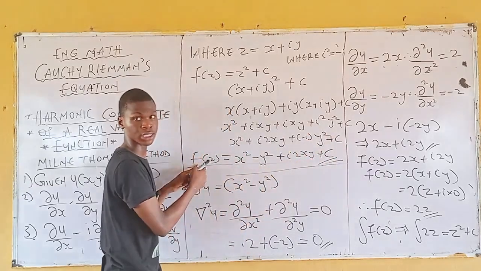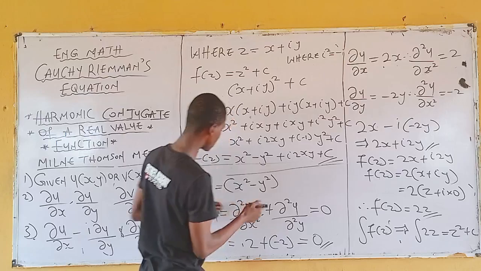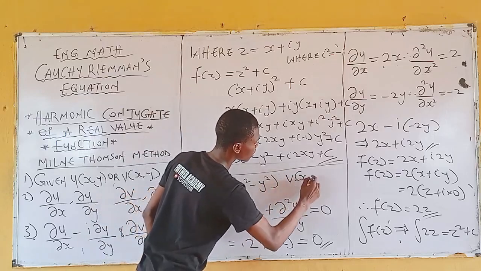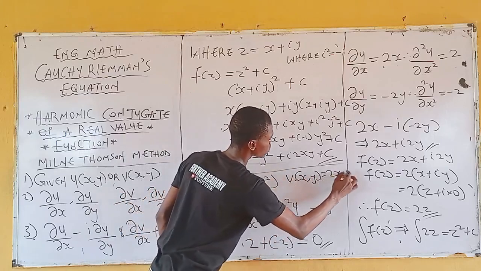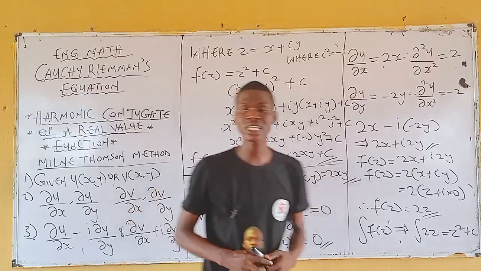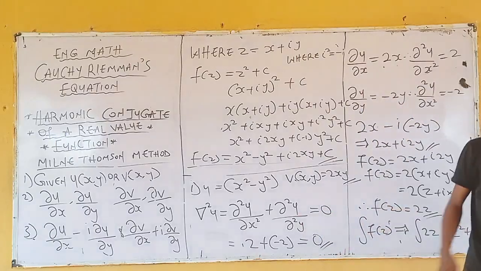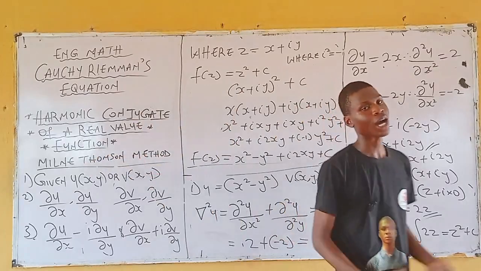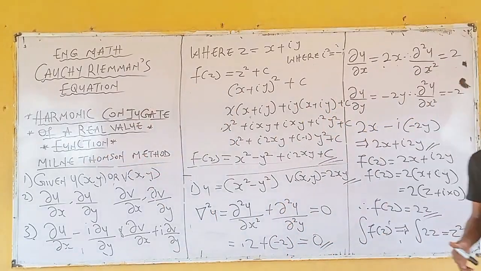So this is f of z, and the harmonic conjugate, which is a function of x and y, is 2xy. So instead of using the partial derivative method, you can use the Milne-Thomson method. I know you like this method.